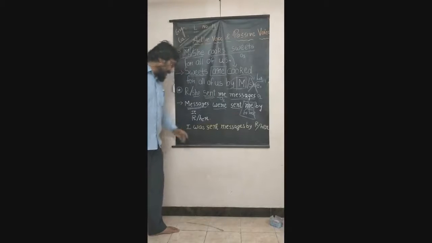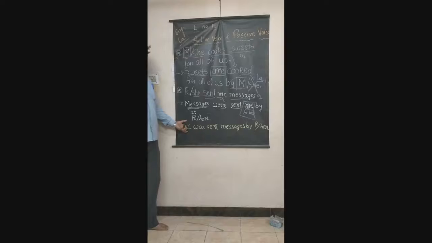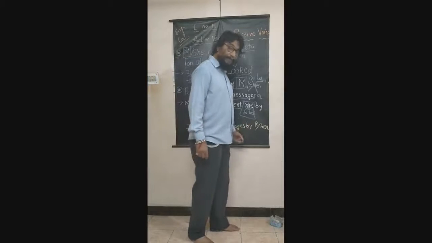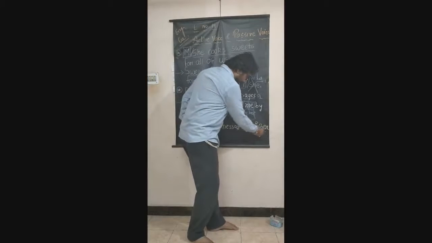So me is converted here as I. With simple past, what do we have to use? Was. I was sent messages by Radha or by her.